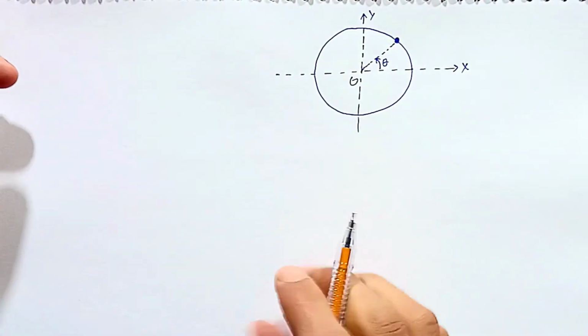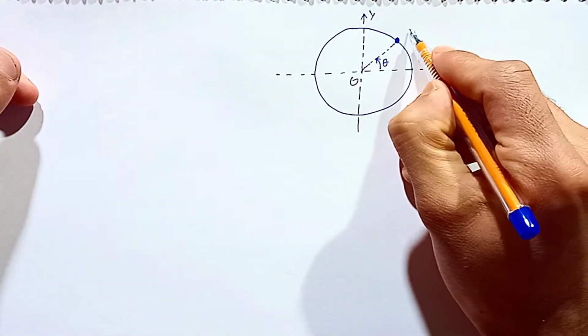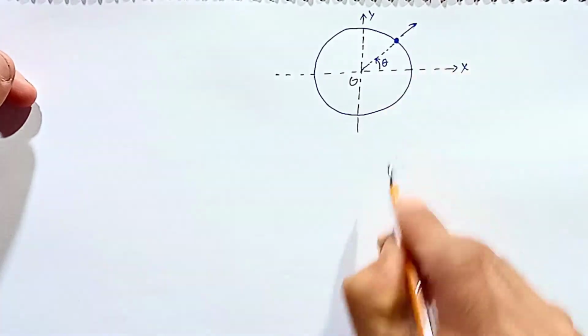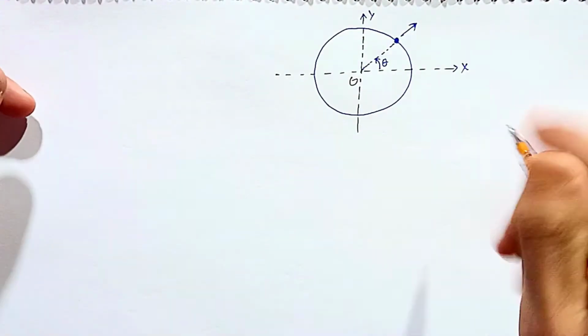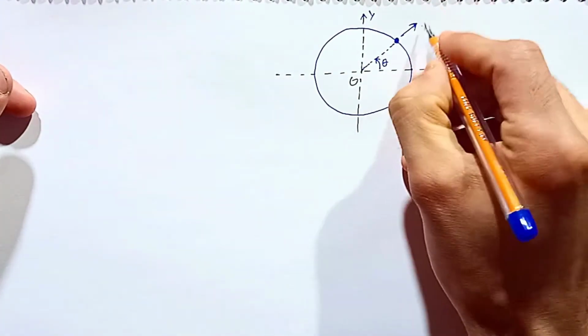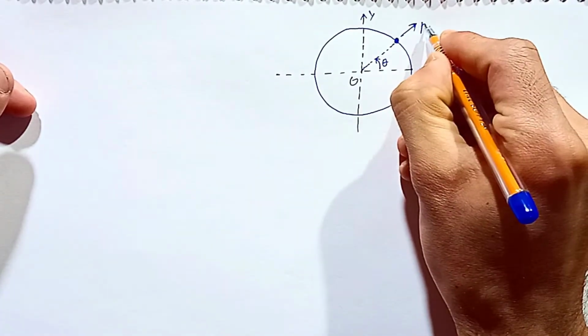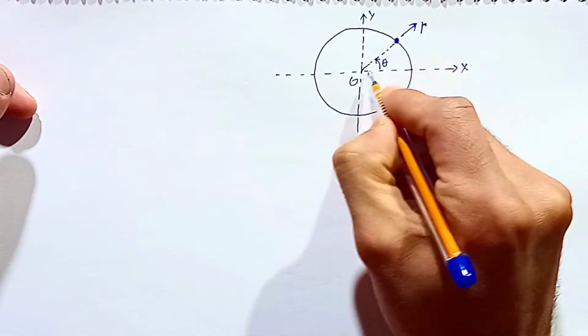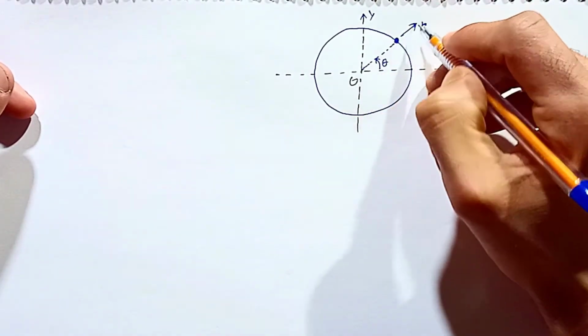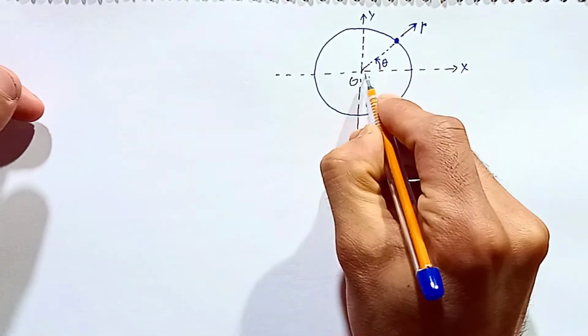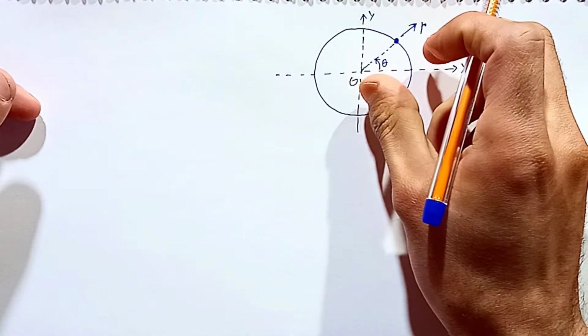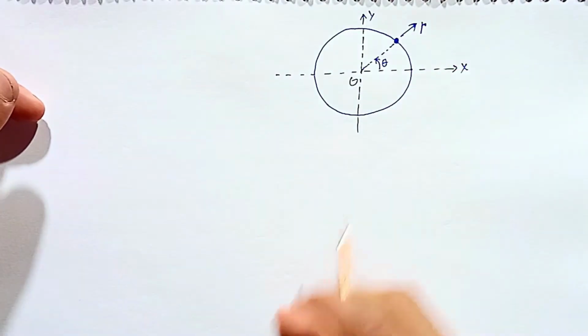Furthermore, you have to keep in mind that along this axis you are taking the position vector r. This is the position vector, from the center toward the particle, which gives the position.